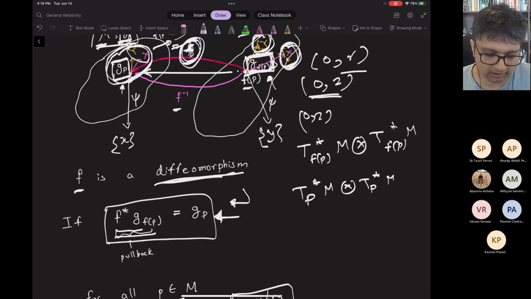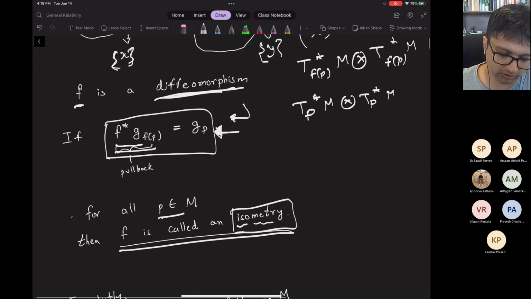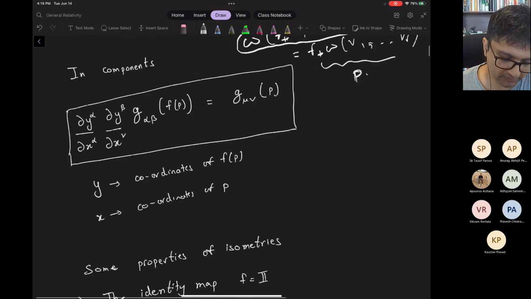There's a coordinate independent notion of what it means to preserve the metric. Now what we're saying is, let's assign coordinates x, y, and look at what the equation that f satisfies should look like in a particular coordinate system.